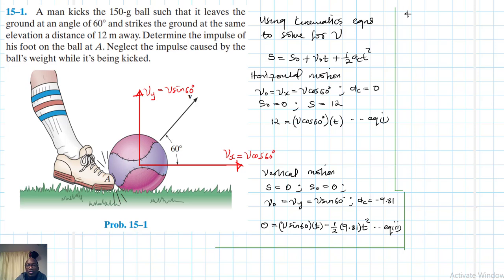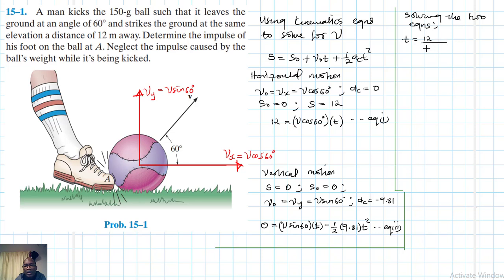So solving the two equations simultaneously, we have this one here. We'll say t here is just equal to 12 divided by v cos 16, replacing the t there.